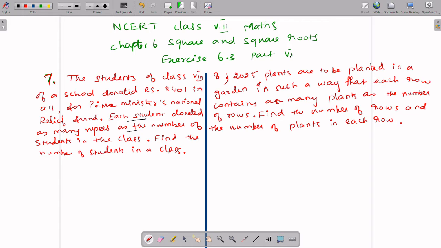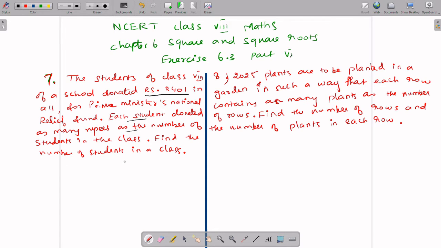So the total amount the students donated is rupees 2401. Suppose you have 20 students in a class, each gives 20 rupees. 50 students in a class, each student gave 50 rupees. That is the meaning of this question. So using this idea, we have to find the number of students in the class.